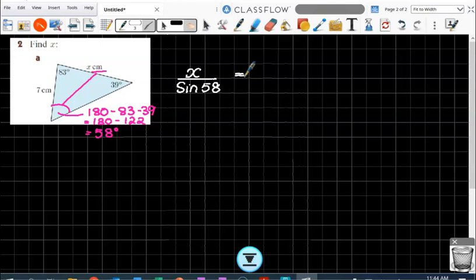Have we got a length and its opposite angle? Yep, we've got 7 and 39. So it'll be 7 over sine 39. Make sure that you're signing the angle downstairs when we're finding the length. And to get rid of our divide by, we have to times.